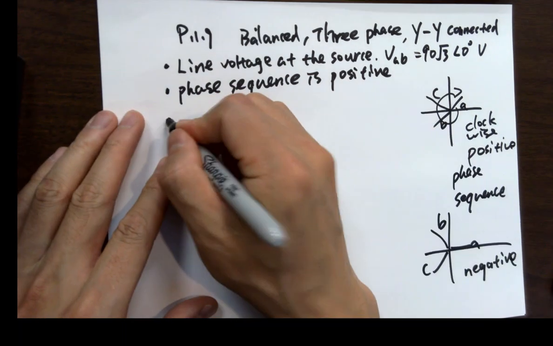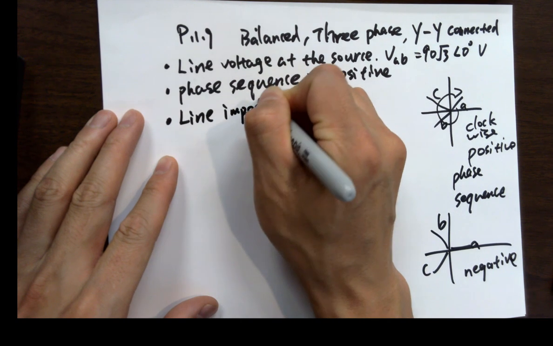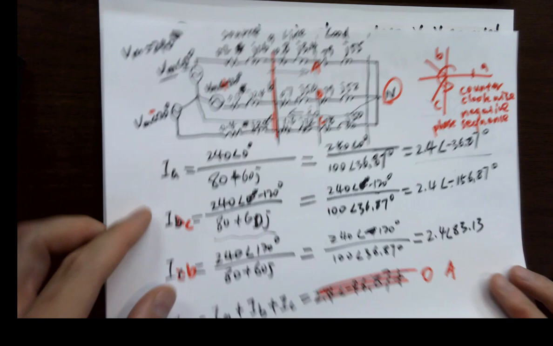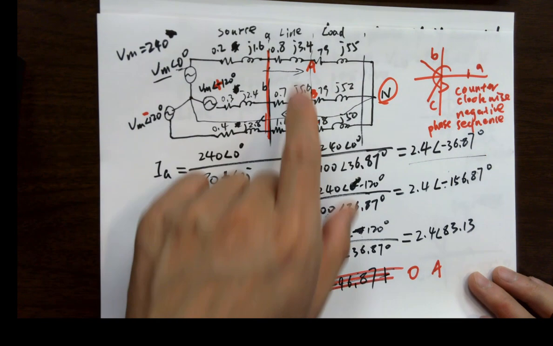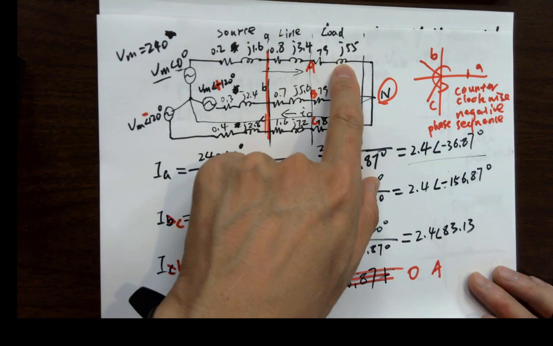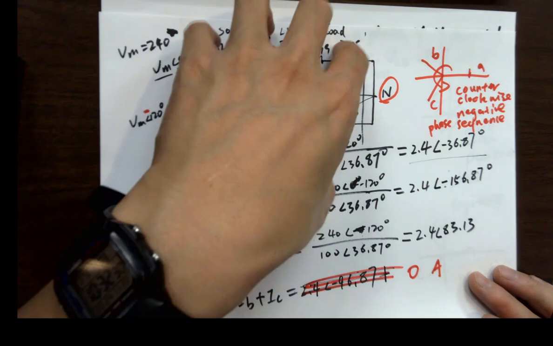Line impedance. What is the line impedance? Always think about this circuit. Line impedance is over here. Not here, not here. This is the load impedance. This is the source impedance. This is the line impedance. Always think about this circuit, okay?